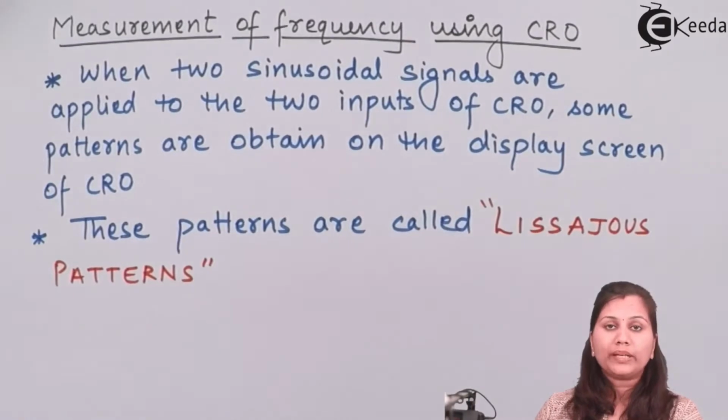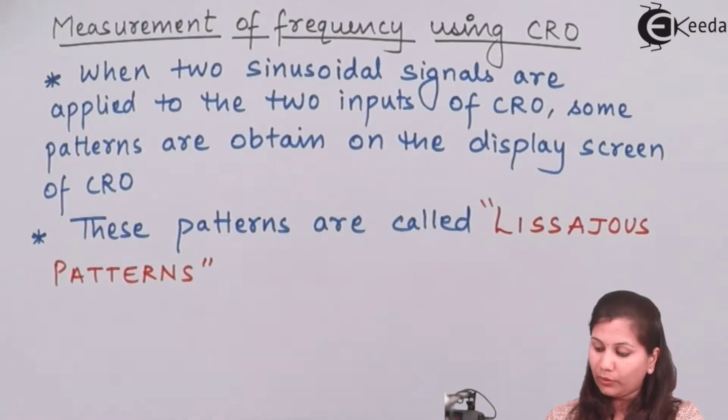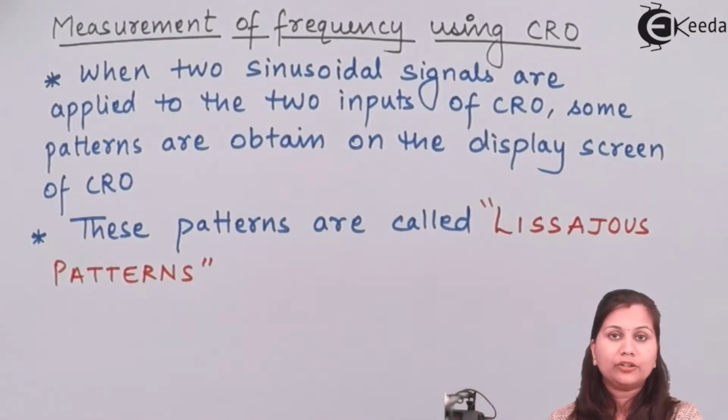Whenever two sinusoidal voltages are applied as an input to the CRO, we will get the Lissajous pattern on the display screen. These Lissajous patterns are used for the measurement of frequency and phase difference between the sinusoidal signals.